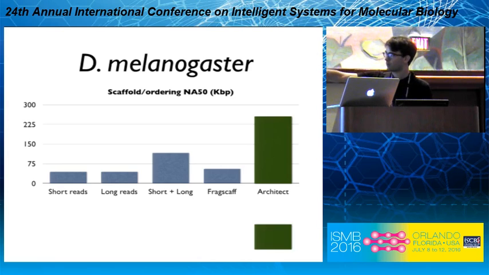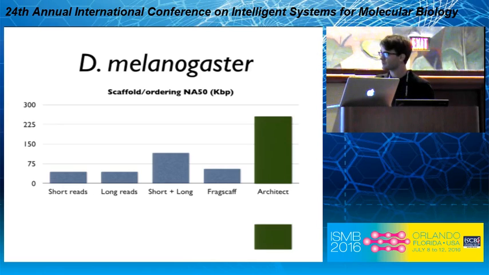The first 2 bars basically are trying to assemble the genome only from short reads or only from molecular long reads via subassembly. It's interesting that both approaches are essentially the same. So long reads by themselves don't work particularly well. The reason is, if you look into the data, there are many gaps in the coverage of these long reads. So even though they are longer and they resolve more repeats, there are some regions that are uncovered, and so the assembly still ends up being fragmented. The best approach, therefore, is to combine both short and long reads.